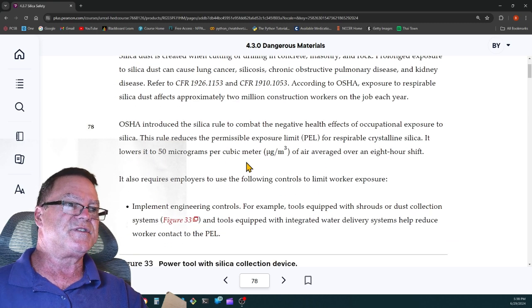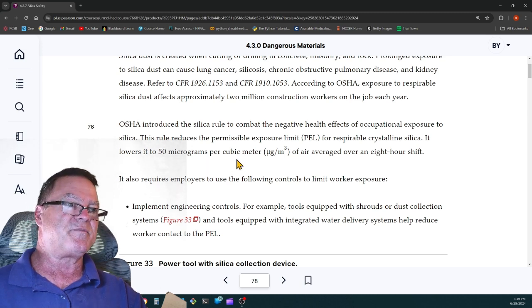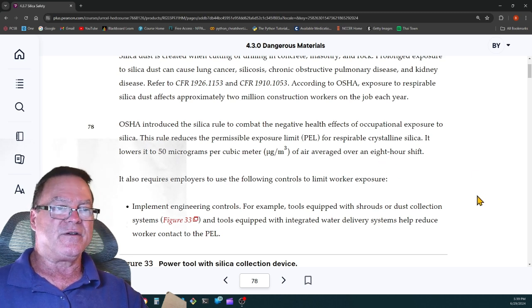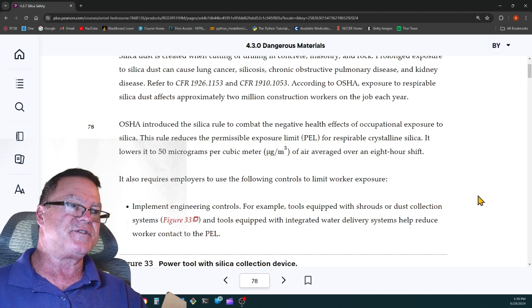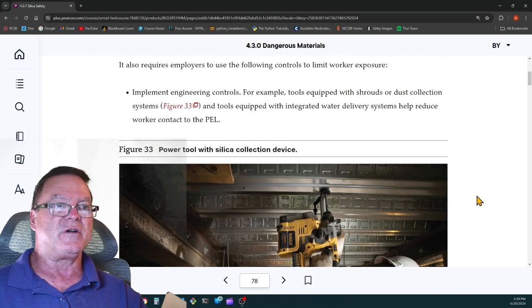This rule reduces the permissible exposure limit for respirable crystalline silica. It lowers it to 50 micrograms per cubic meter of air, averaged over an 8-hour shift. It also requires employers to use the following controls to limit the workers' exposure.